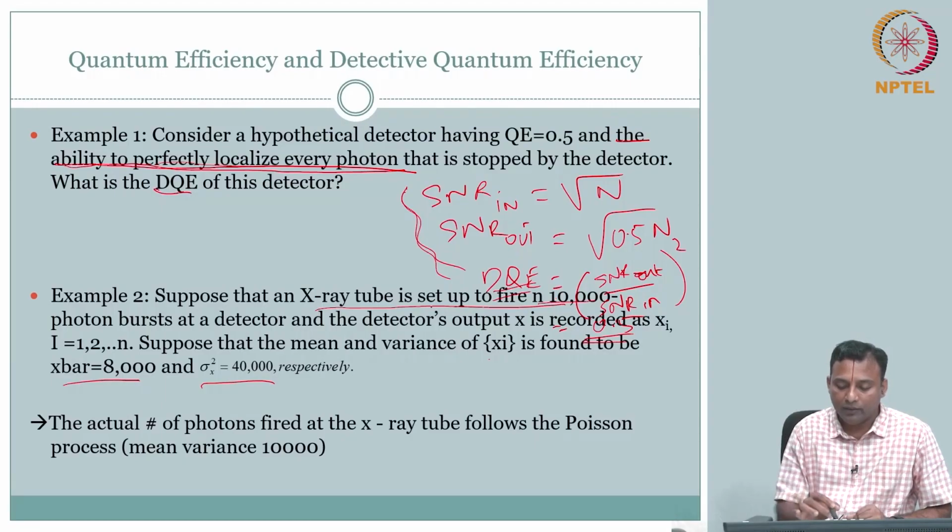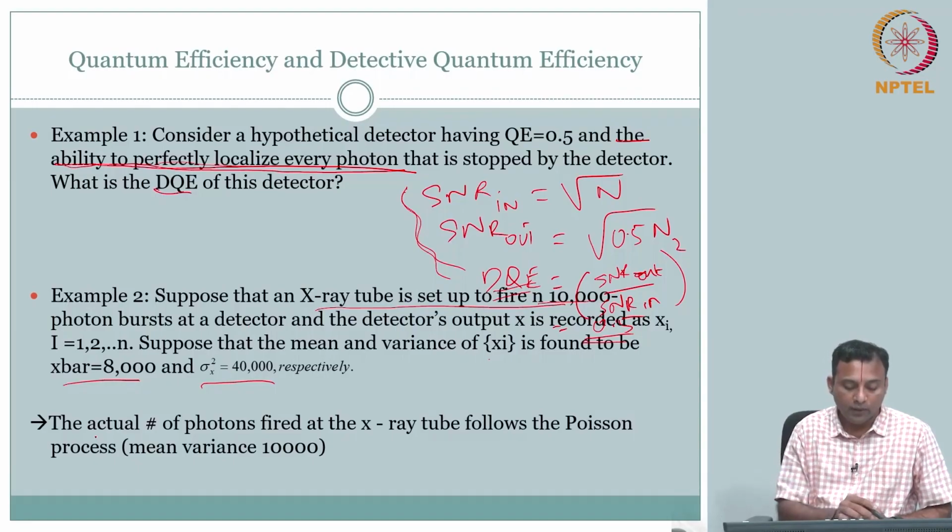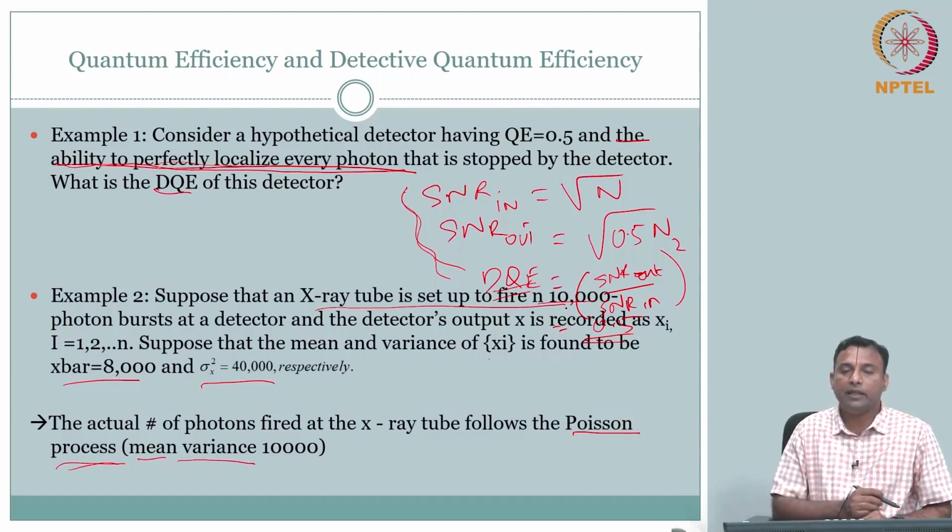Because I have been given that 10,000 photon bursts are on the input side. We know the actual number of photons fired at the X-ray tube follows a Poisson process. So the moment we recall this, we can quickly say mean and variance are both equal to 10,000.